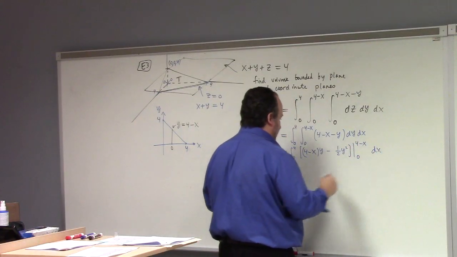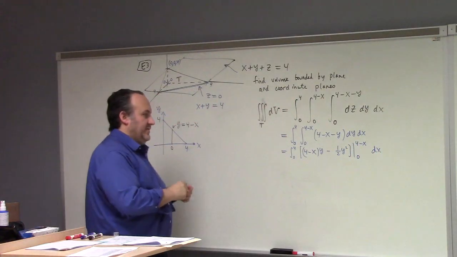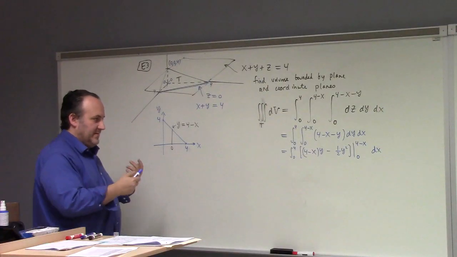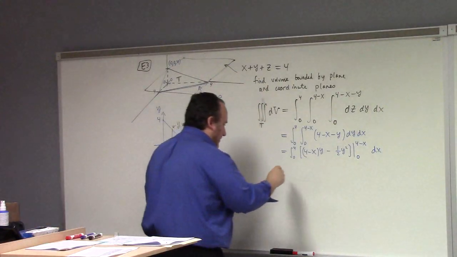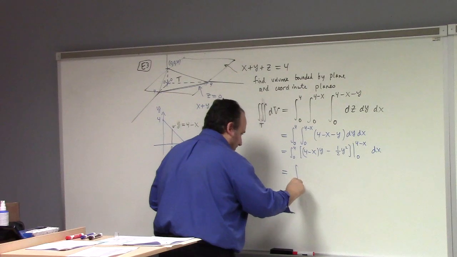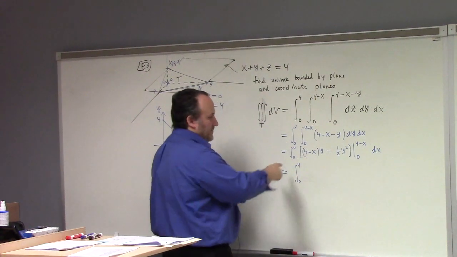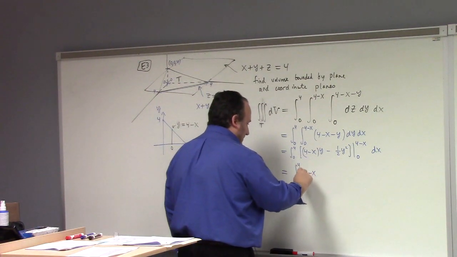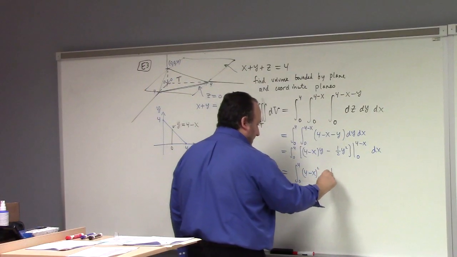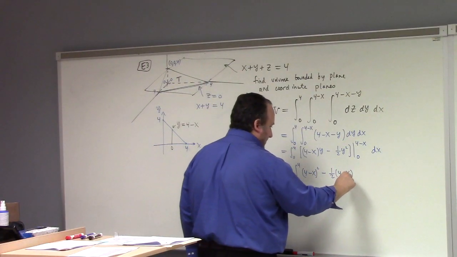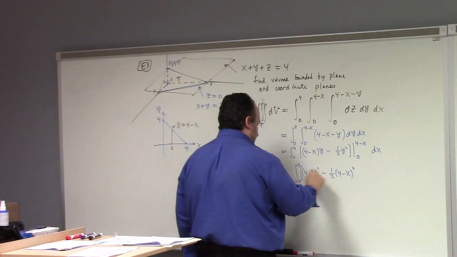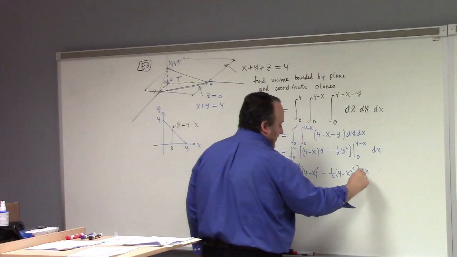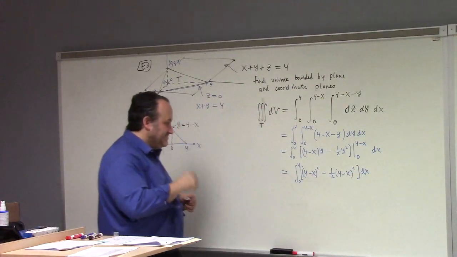Something kind of cool happens here. If you think about it, let's think through this. We get 4 minus x squared, right? Minus 1/2 of 4 minus x squared. Now there's a smart way and there's a dumb way to go forward here.